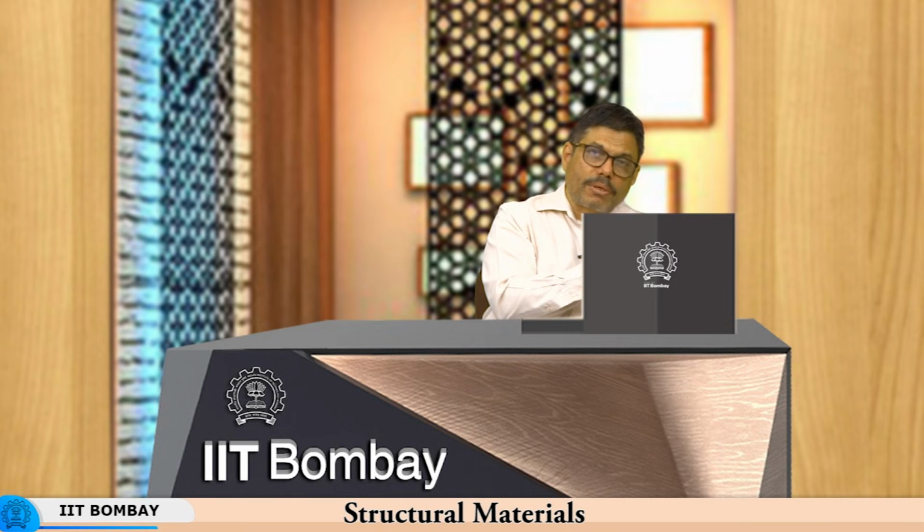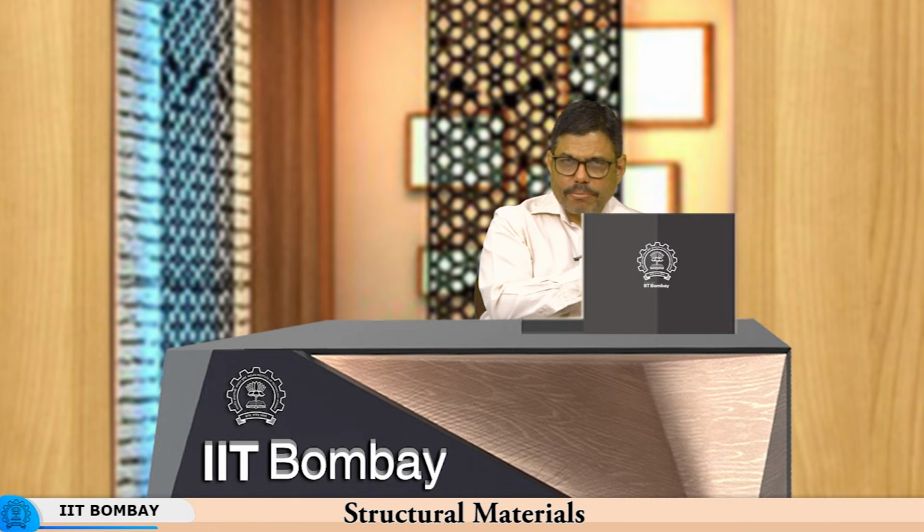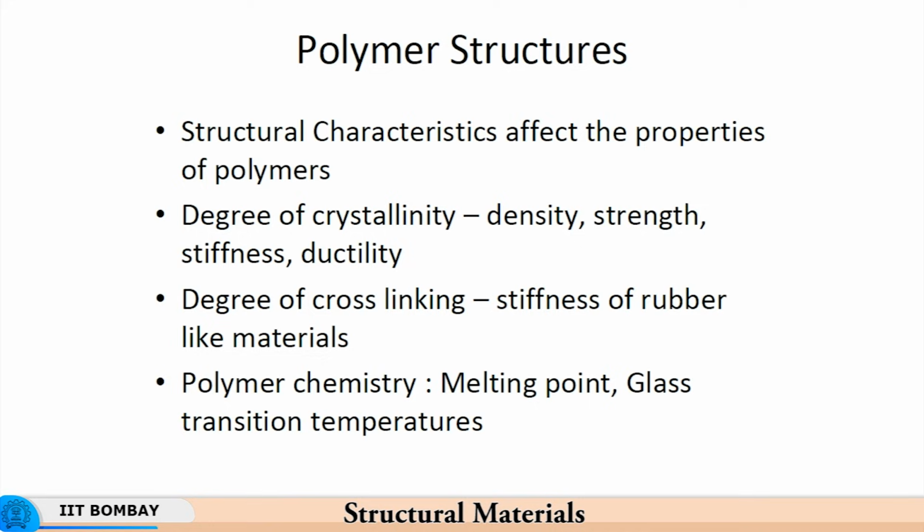Now, when you extrude a polymeric billet through a die, at the end when the material comes out, it swells. So, the swelling of the polymer is much larger than the elastic strains which are released in case of metals.